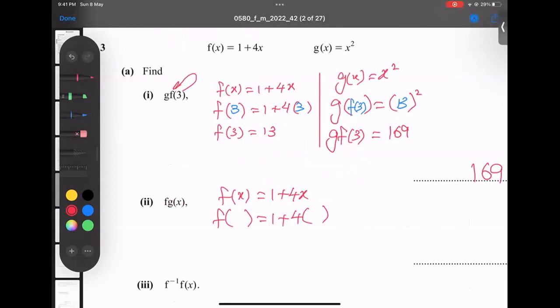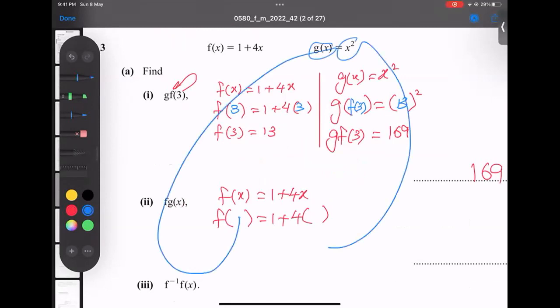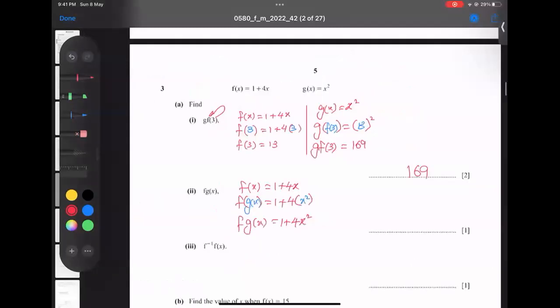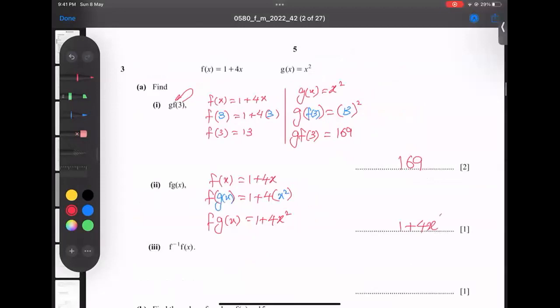And the function name will come here and the function value will come here. I hope it's clear. So after this, fg of x equals 1 plus 4x squared, sorry. Okay, Alhamdulillahi Rabbil Alameen, I got this answer as well.